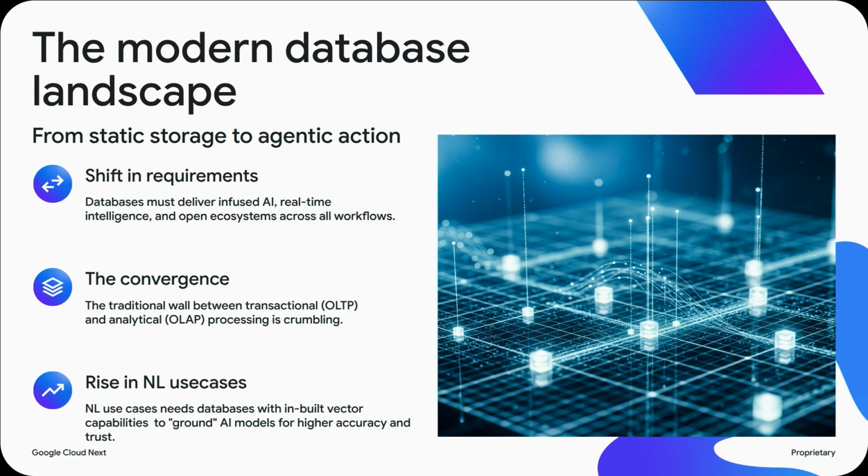First, databases must deliver infused AI across all workflows, because you have to turn your raw data into immediate, intelligent action. Second, they need to provide real-time intelligence. It's not a requirement anymore, it is a necessity for all businesses. Third, they have to be open and work across different data layers seamlessly.